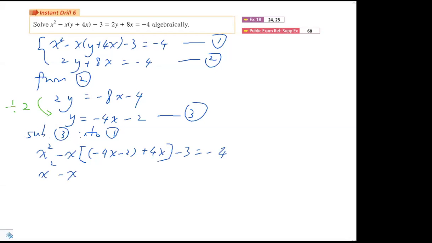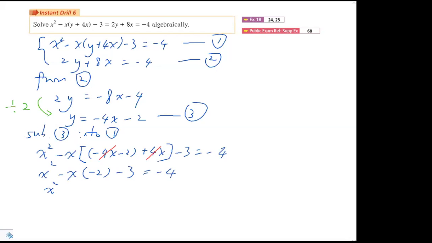And then can you see that the -4x and plus 4x will be cancelled by each other? So what is remaining in the square bracket is just -2. Minus 3, and right hand side is -4. So it is minus x times -2. Minus negative becomes double negative, becomes positive. 2x minus 3 is equal to -4. So the left hand side has been simplified.